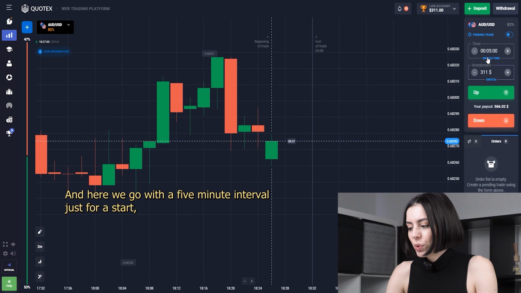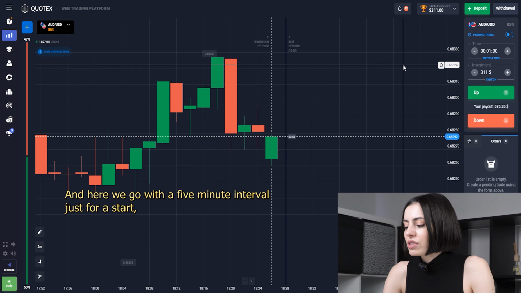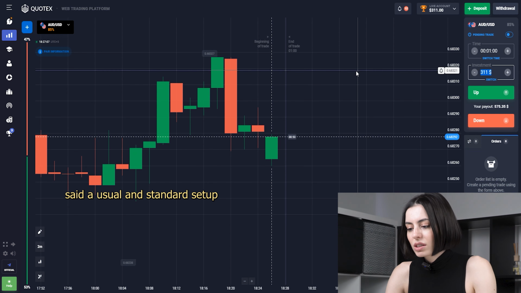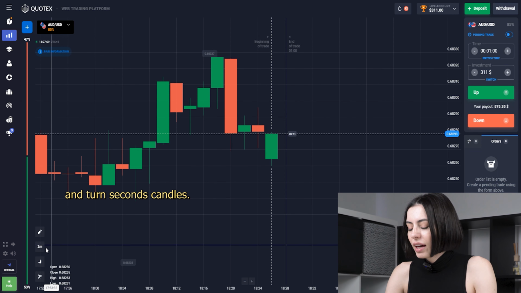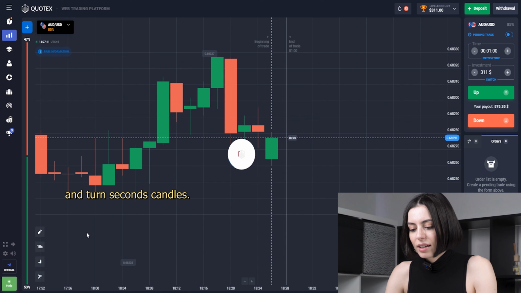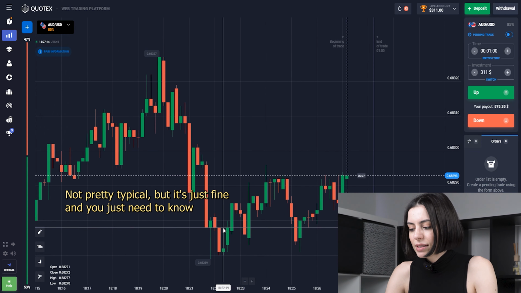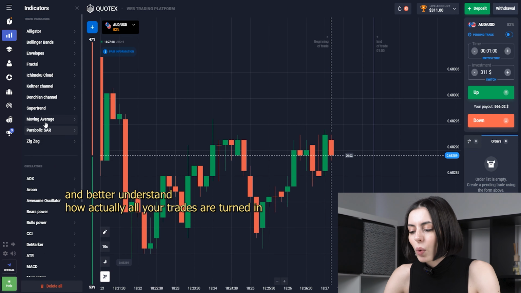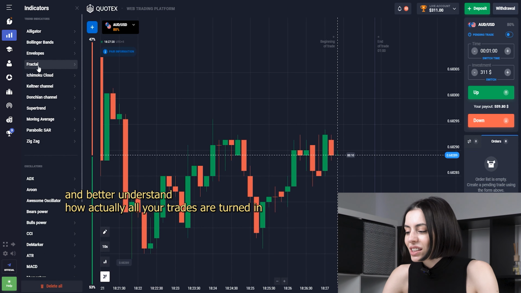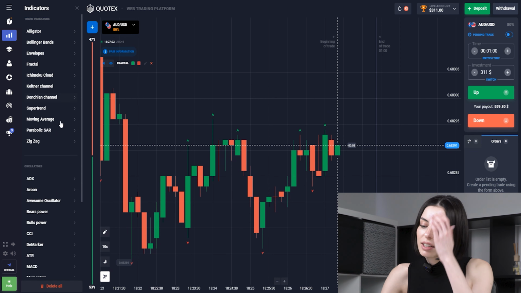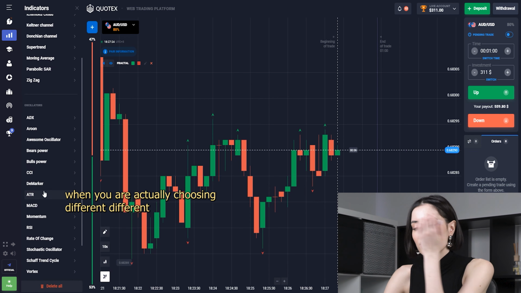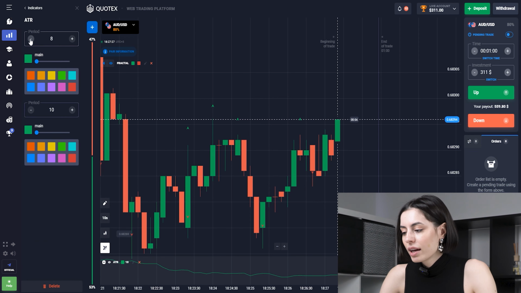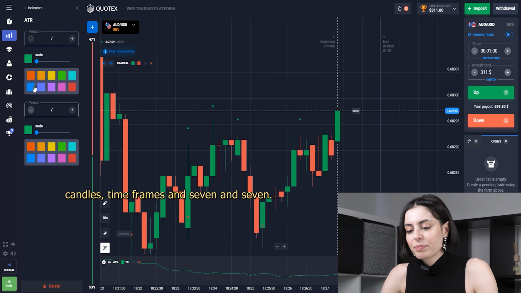And here we go with the 1 minute interval just for a start, such a usual and standard setup. And 10 seconds candles, not so typical, but it's just fine. You just need to better understand how all your trades change when you choose different candle time frames.